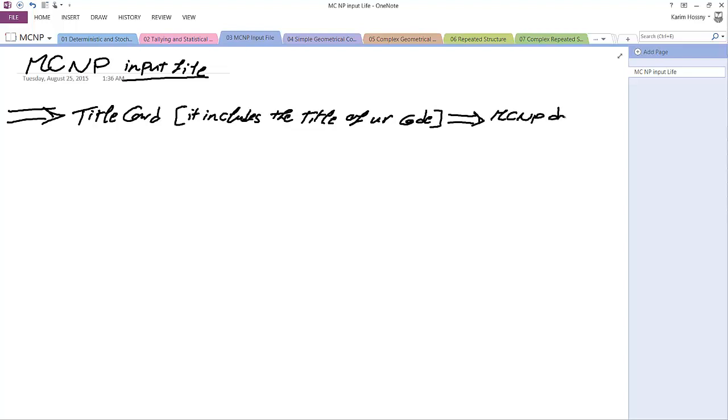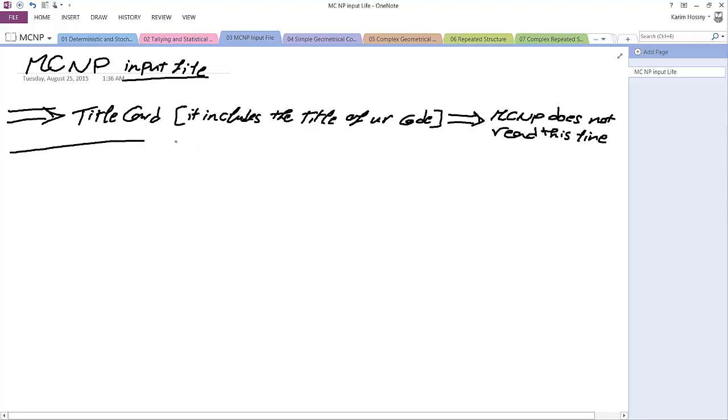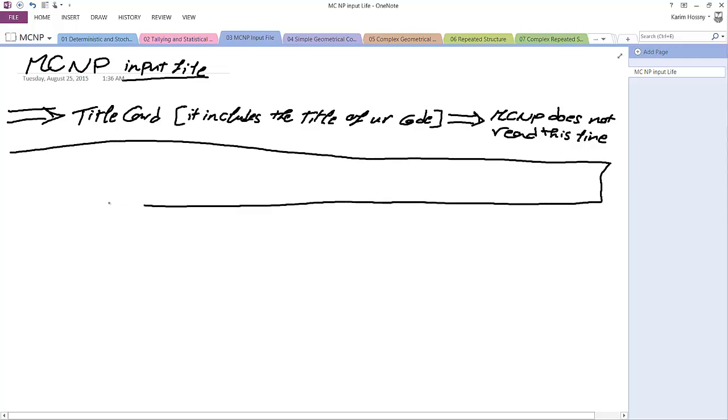MCNP does not read this line. Then we have a block called the cell card.